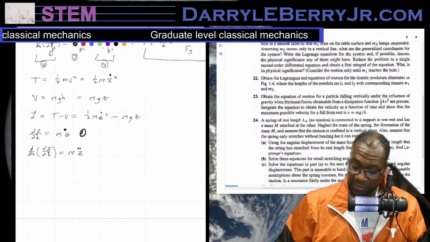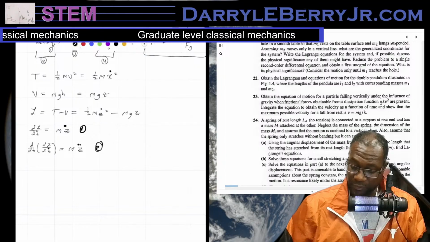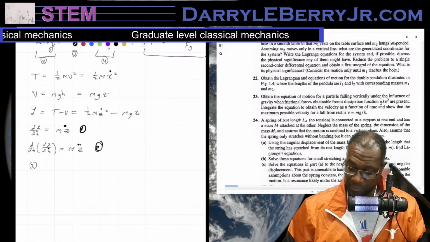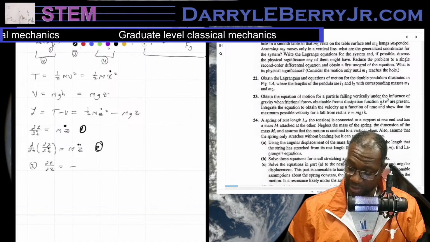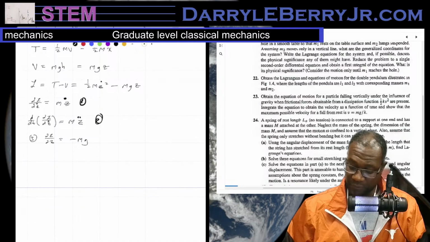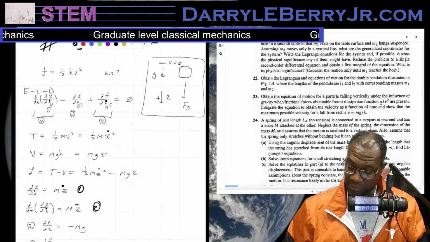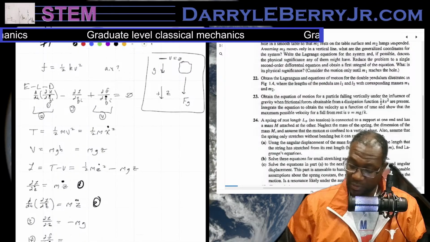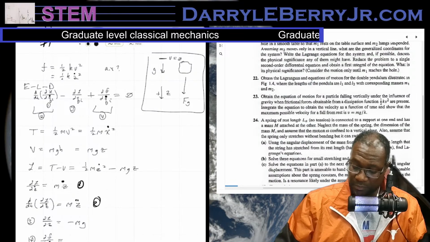So this is 1, 2, 4, 3. Partial L over partial z equals negative mg. And for 4, partial F over partial q dot equals, okay, so you need to rewrite this, 1/2 k v dot squared.